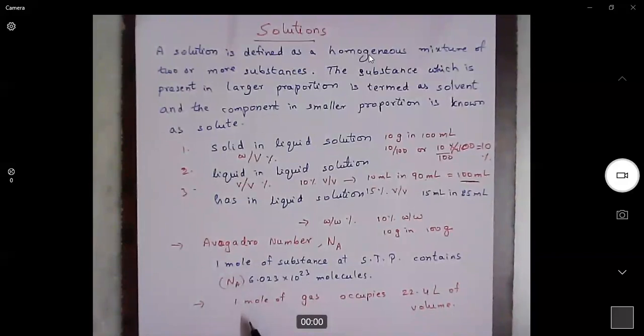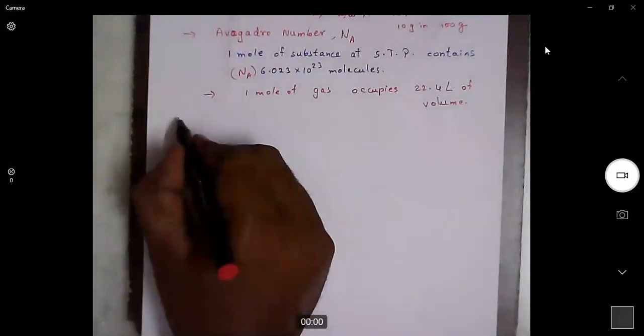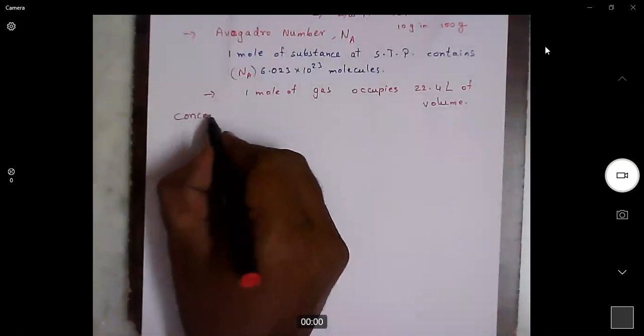So 1 mole of a substance at STP contains Avogadro number of molecules, or in terms of gas, 1 mole of a gas occupies 22.4 liters of volume. In order to calculate the concentrations, we have different units.